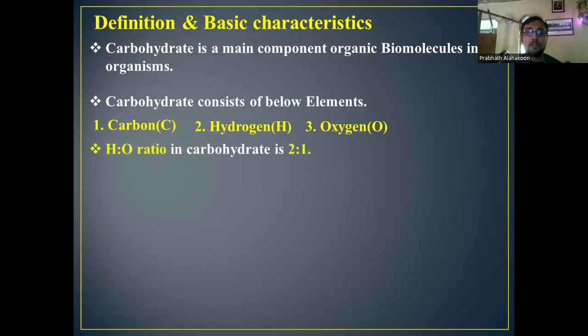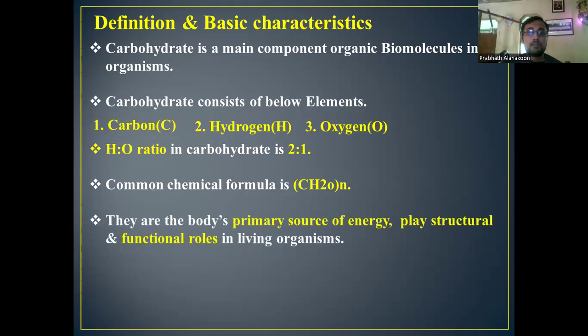The hydrogen to oxygen ratio in carbohydrates is 2 to 1. The common chemical formula is (CH2O)n. They are the body's primary source of energy, plant structure, and have functional roles in living organisms.